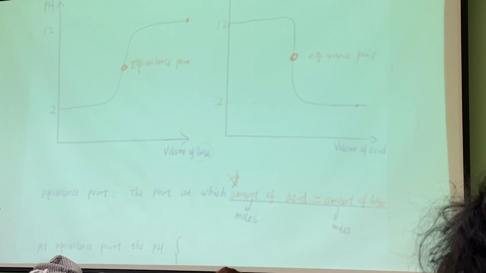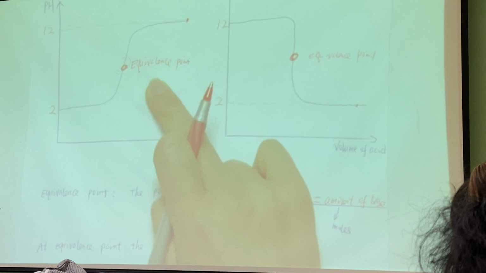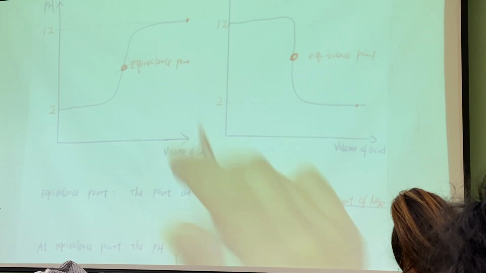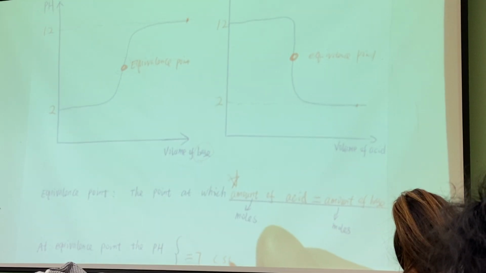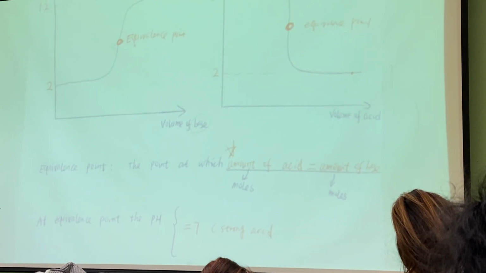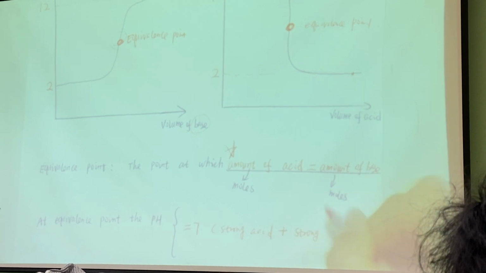If you have a strong acid titrated with a strong base, or a strong base titrated with a strong acid, the pH at the equivalence point is always 7, because your salt is neutral.